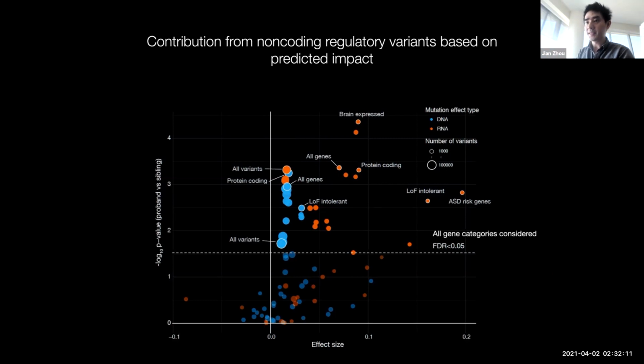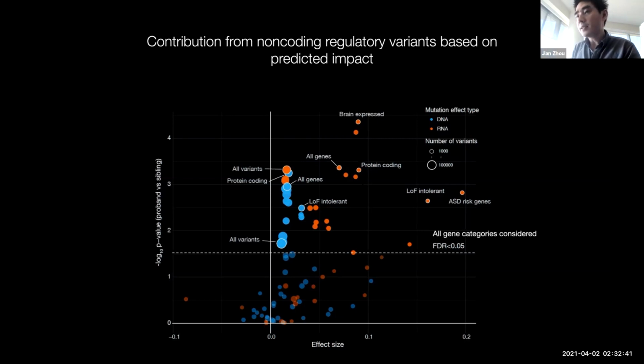We see that the strongest ones are, for example, the brain expressed genes affecting the RNA binding protein binding. And for all of those categories that are significant, we see a stronger effect in proband rather than sibling, which also confirms that we are detecting a contribution from those mutations to autism.